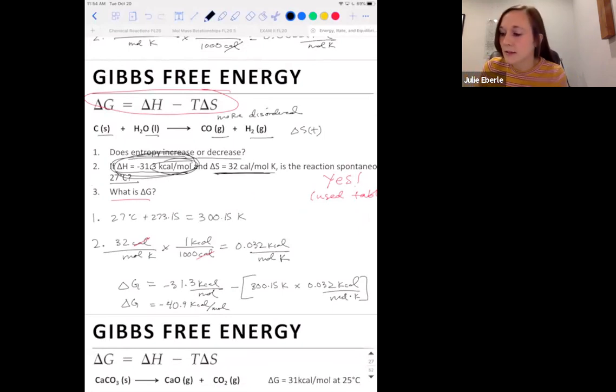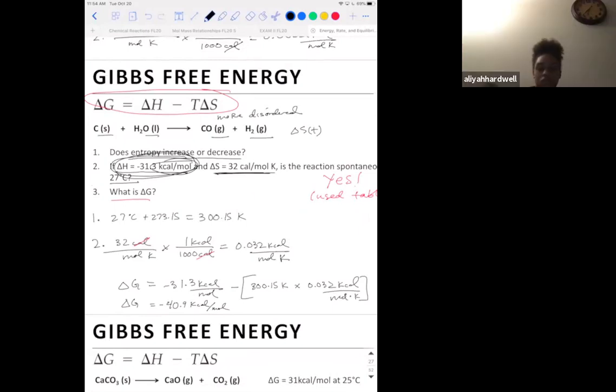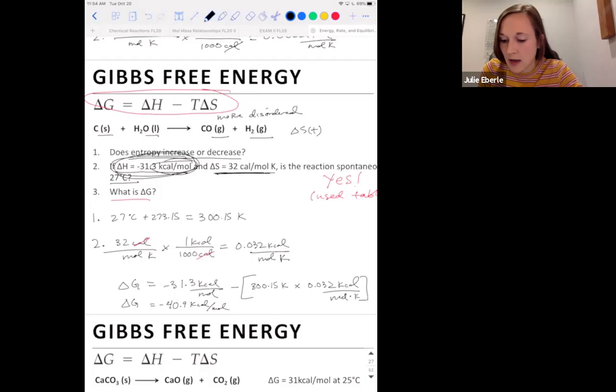I can double check it if I need to. I got negative 40.9 as well. And then 9.60. So now do negative 31.3 minus 9.60. Yep, should be negative 40.9 is what I got.